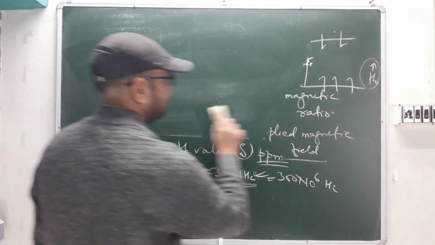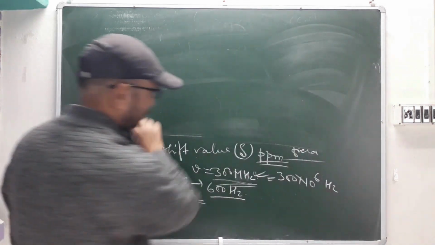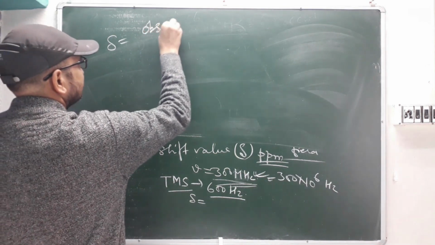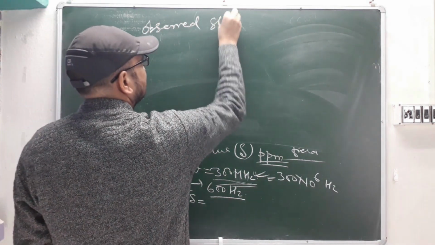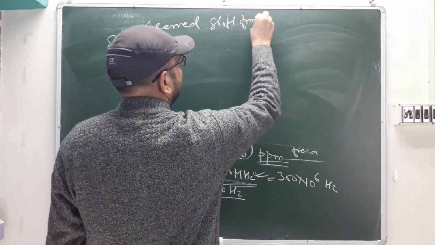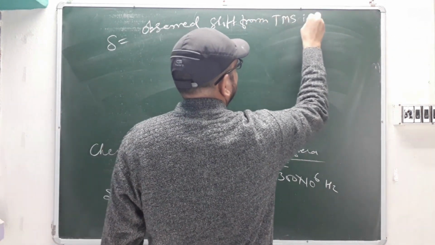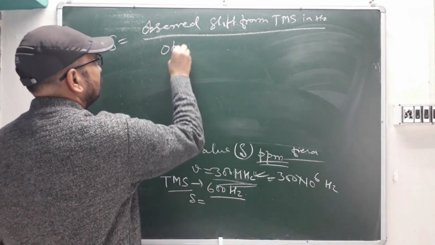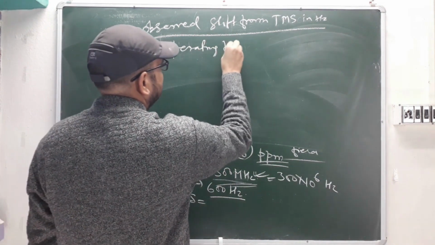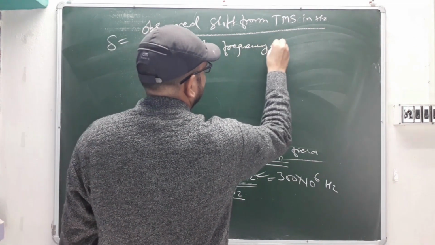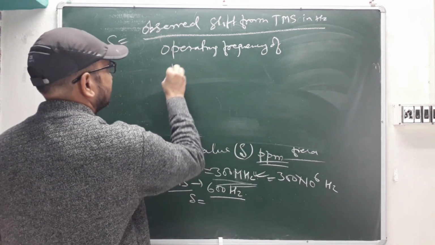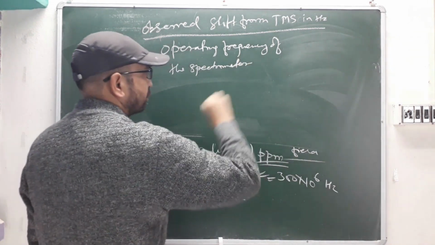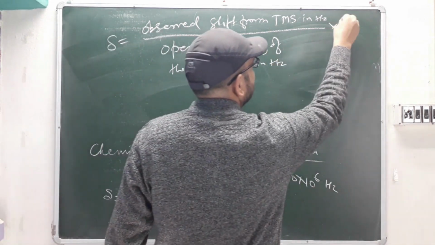The formula is delta equals the observed shift from TMS in hertz, okay, in hertz you have to write, divided by the operating frequency of the spectrometer where you are measuring, in hertz, into 10 to the power 6.